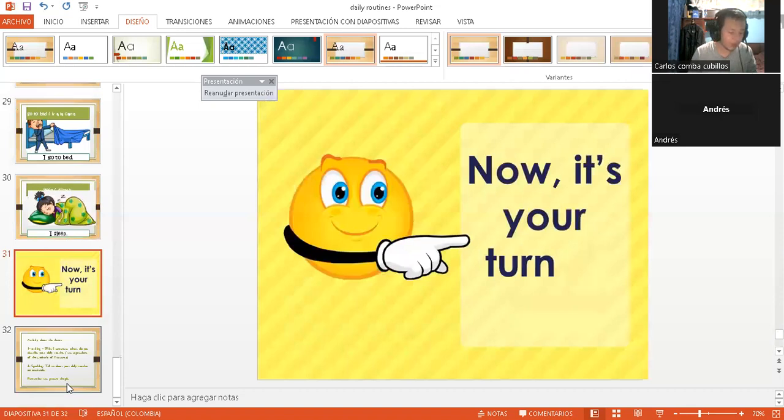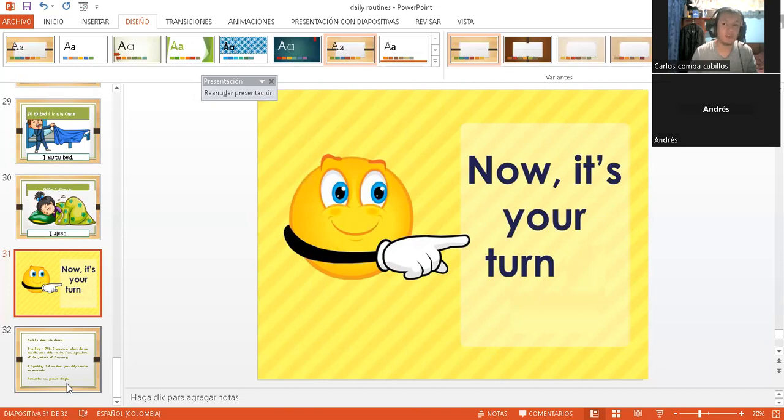To explain that activity, it is important to keep in mind time expressions like days, weeks, months, or a calendar. You can also use the hours.